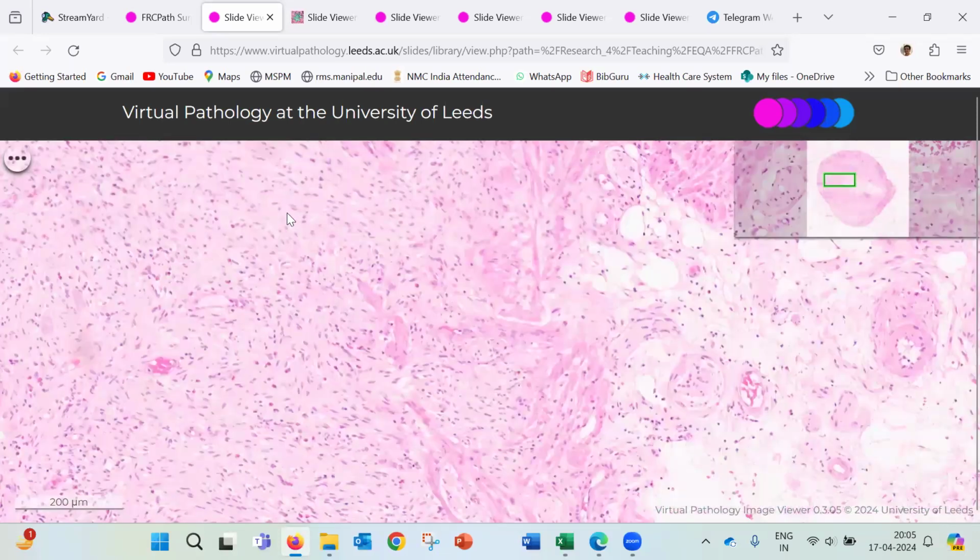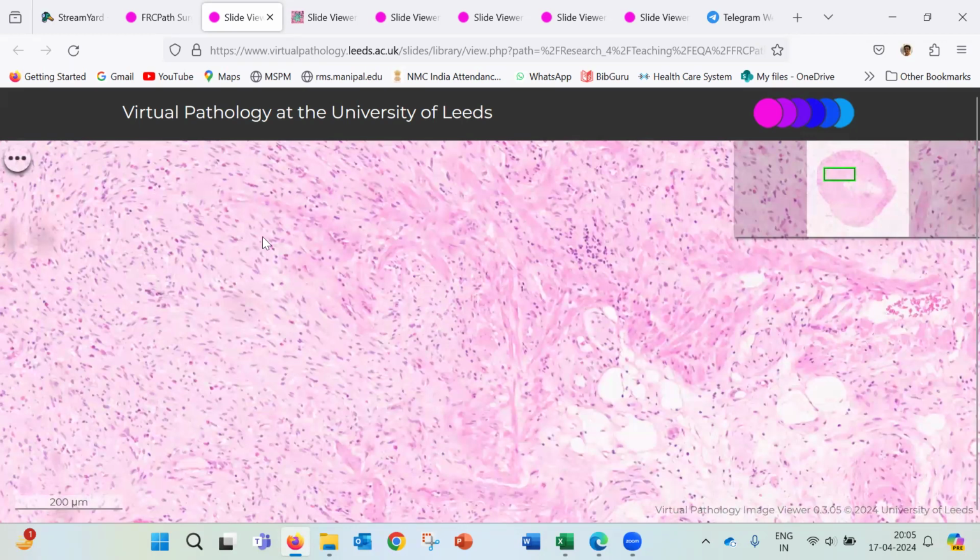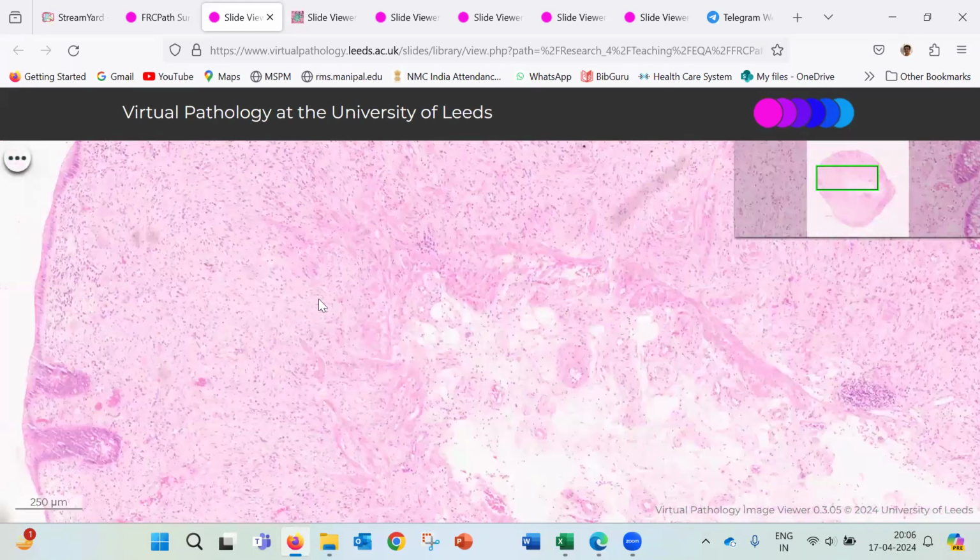But the thing is that you should keep ganglioneuroma as the diagnosis. You should not provide any differential, particularly in this case, and you can do some other confirmatory markers and neuronal markers like neuron specific enolase to confirm it, even though it is not necessary because the morphology is quite characteristic.